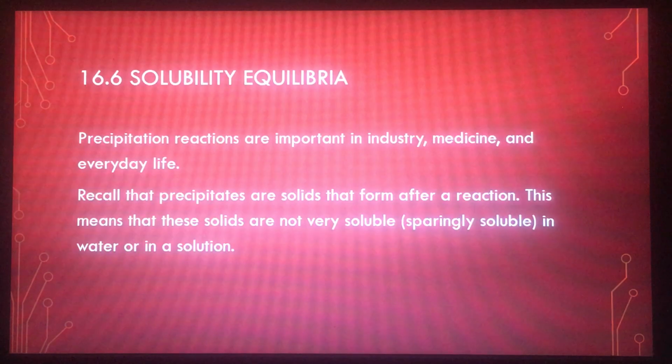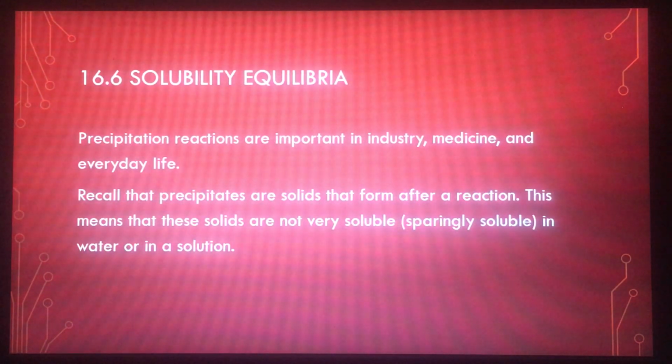We also have precipitation reactions occurring in the industries, in the medicine, for example, to have medicinal products and industrial products. So we need precipitation reactions.